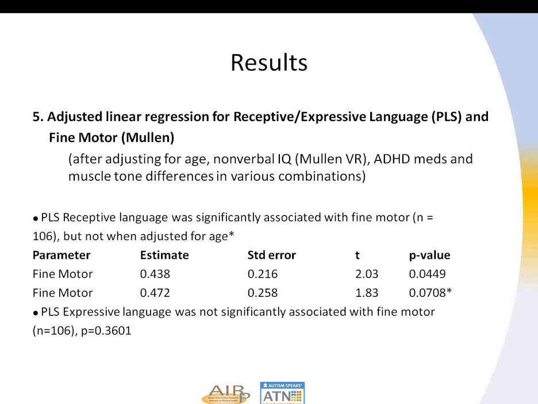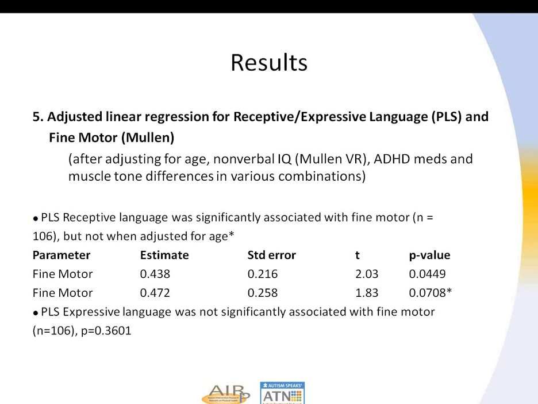So once again, if we keep in mind the results from the Mullen versus the results from the PLS, one possible explanation for the discrepancy is the huge difference in the N that comes into play when we select the PLS as our test of choice, because we only have a sample of between 300 and 350 versus close to 1,600 and 1,700 participants for the other analyses.